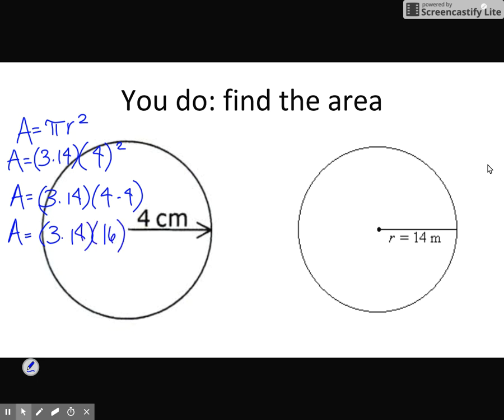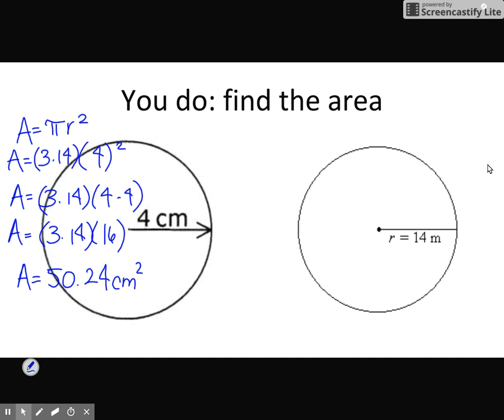So 3.14 times 16, which gives you the area of 50.24 centimeters squared for the first. Don't forget the unit with the square.